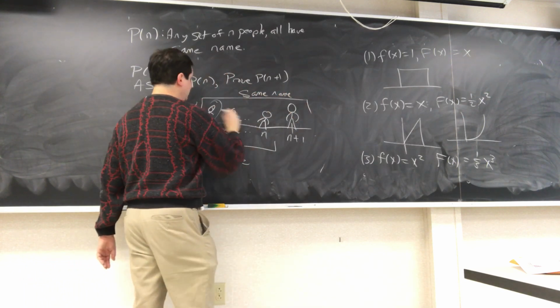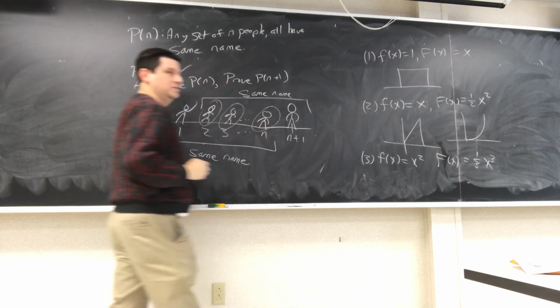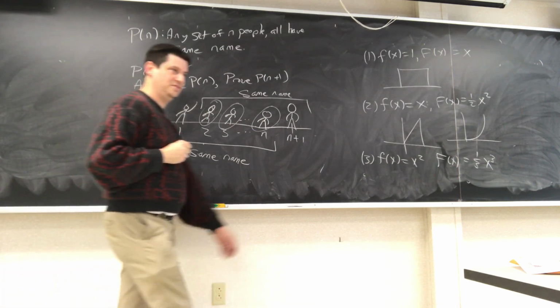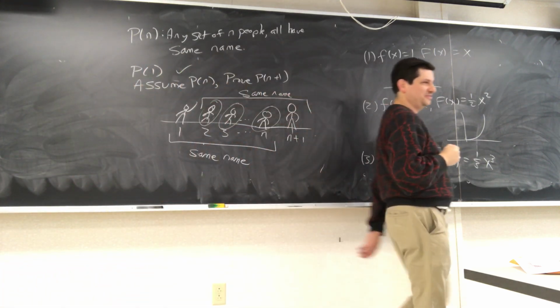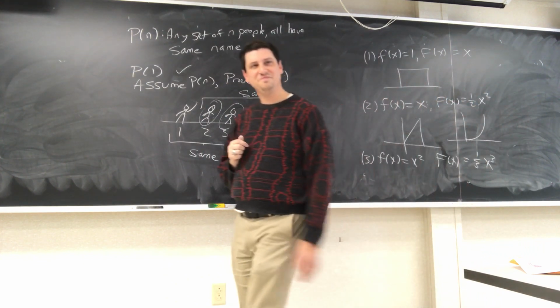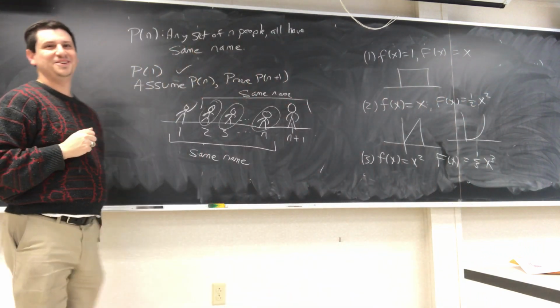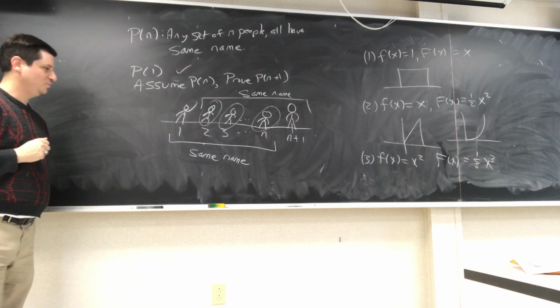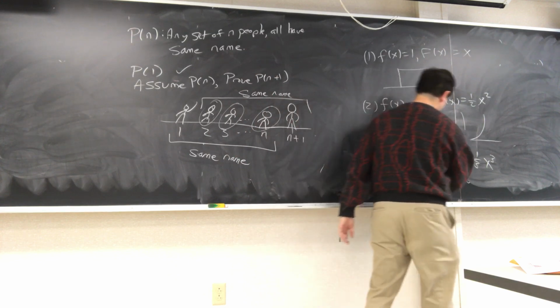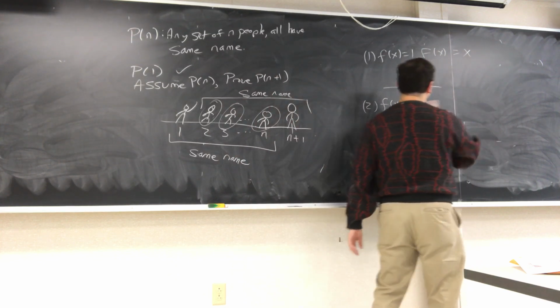And look at all the people in both groups. Because the groups have people in common, they all have the same name. So everybody is named Cooper. I don't buy it. What don't you agree with, Cooper?